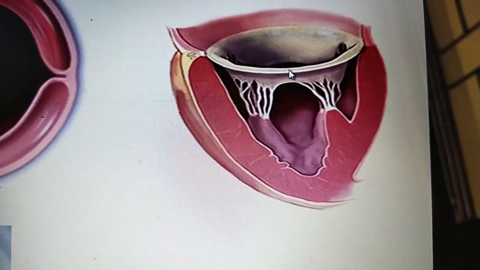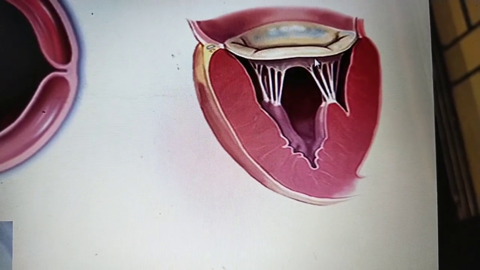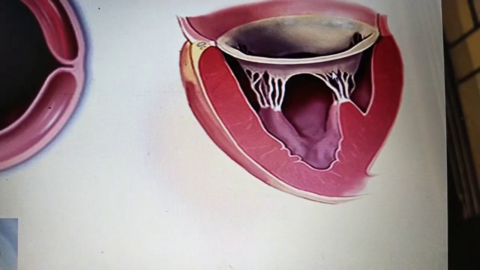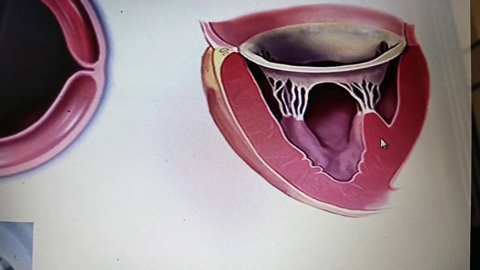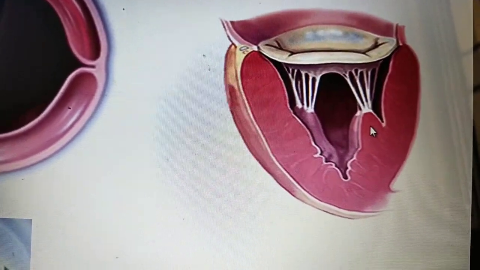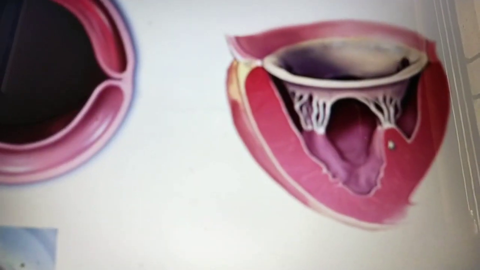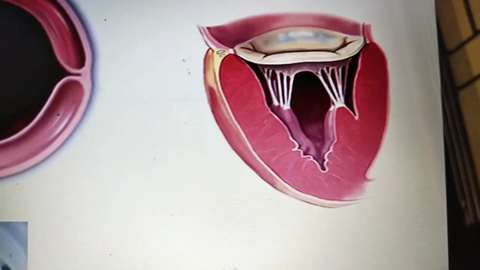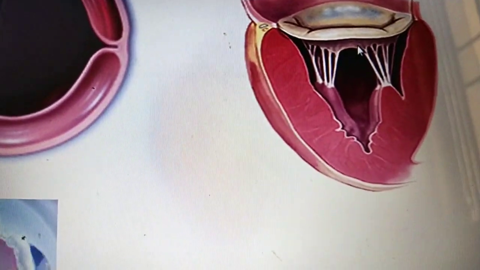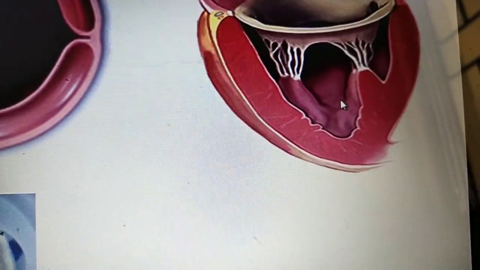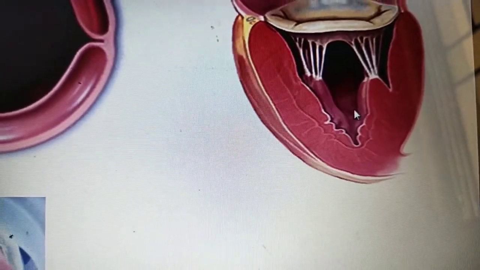The valves or cusps are anchored by the chordae tendineae, and the chordae tendineae anchor the valves into the ventricles. These valves are closed when the ventricles contract.